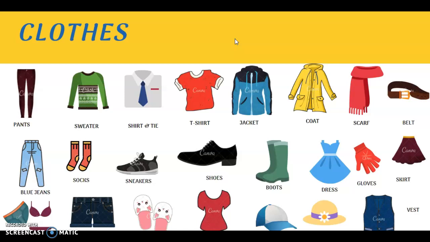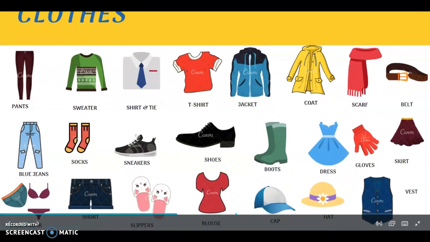We have pants, sweater, shirt and tie, t-shirt, jacket, coat, scarf, belt, blue jeans, socks, sneakers, shoes, boots, dress, gloves, skirt, underwear, shorts, slippers, blouse, cap, hat, and vest. Okay, so what is the idea here?